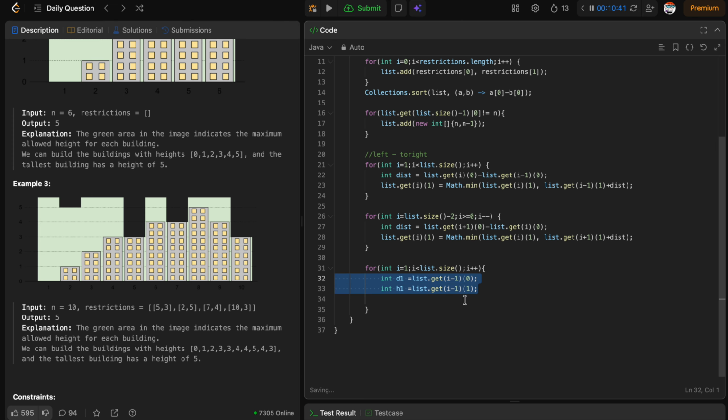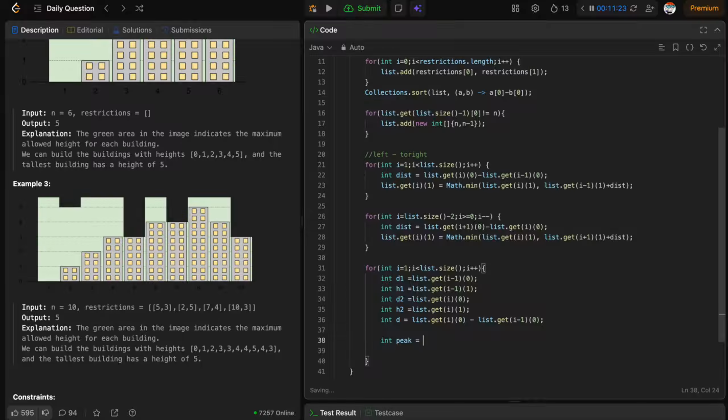The same way we need to find the second restriction's value, d2, h2, then int d is equal to, we can directly calculate, i minus 1. So we need to find the peak, as we already know.